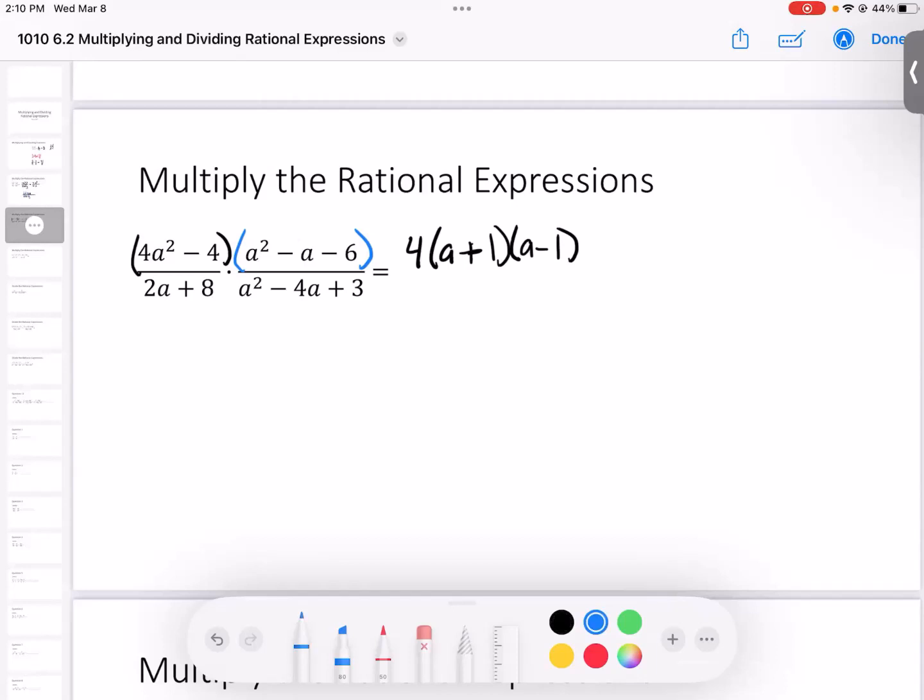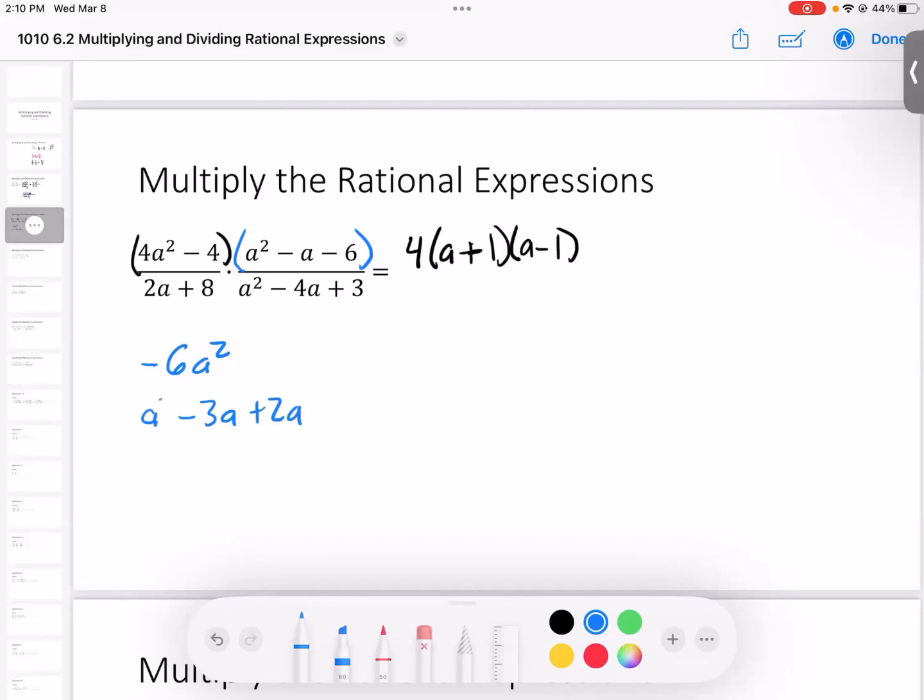Okay, so then we'll do the same thing for the second polynomial, and this one is a trinomial. So I'll use my trinomial trick, and I'll say -6 times a squared. What are 2 things that multiply to that but add to -a? Perfect. Yep, because if you multiplied those 2 together, you would get -6a squared. If you add them together, you do get -a.